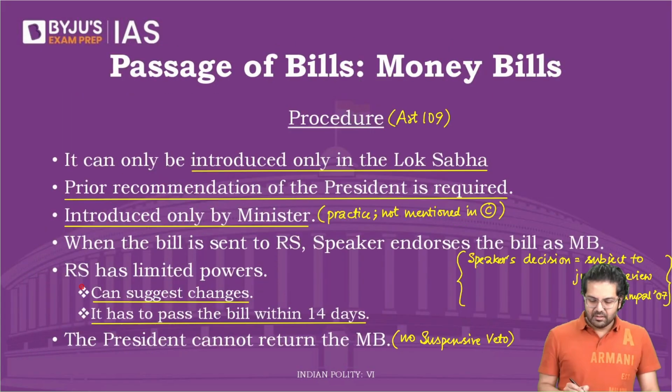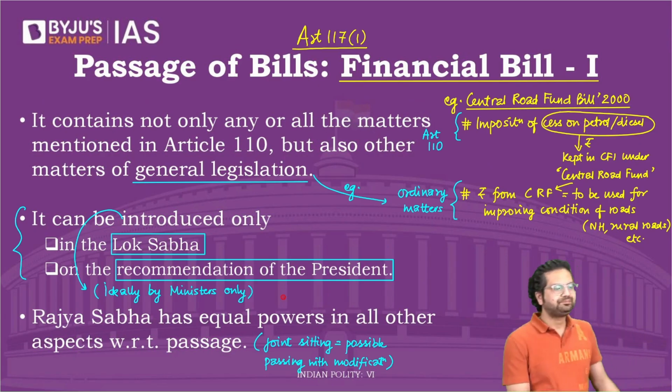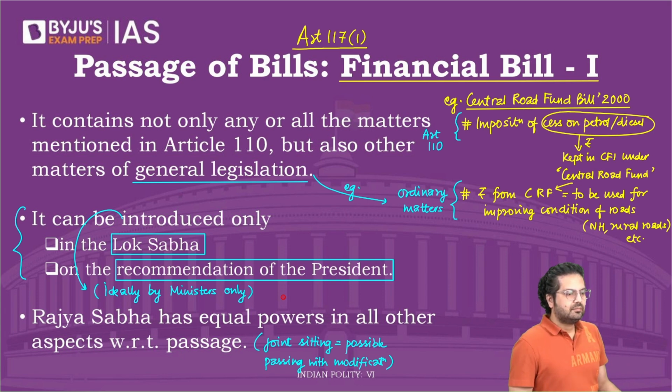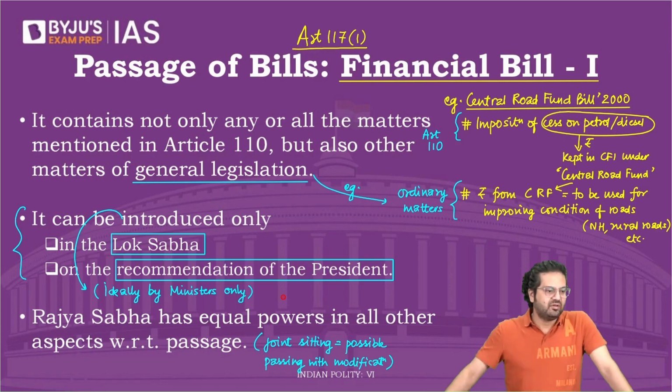Like here, introduced by only ministers, same thing, by ministers only. Okay. President denies to give permission. No, the president will not deny to give permission, because the order comes from the Council of Ministers. Okay.